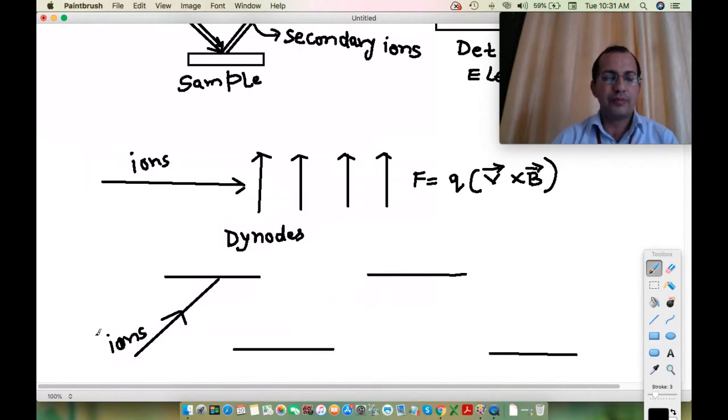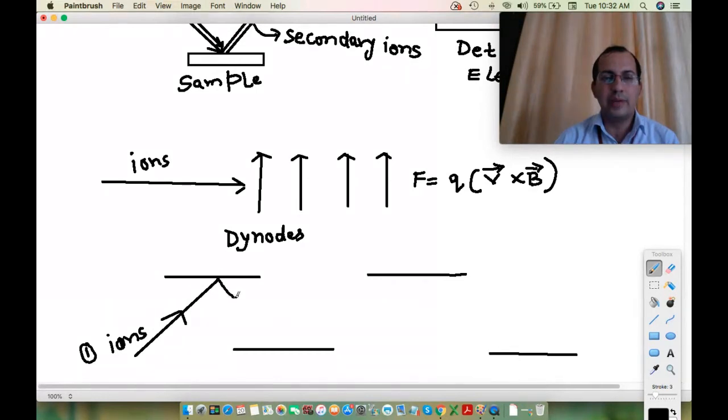For example, if you have one ion hitting this dynode, what is the uniqueness of the dynodes? They can easily eject electrons.